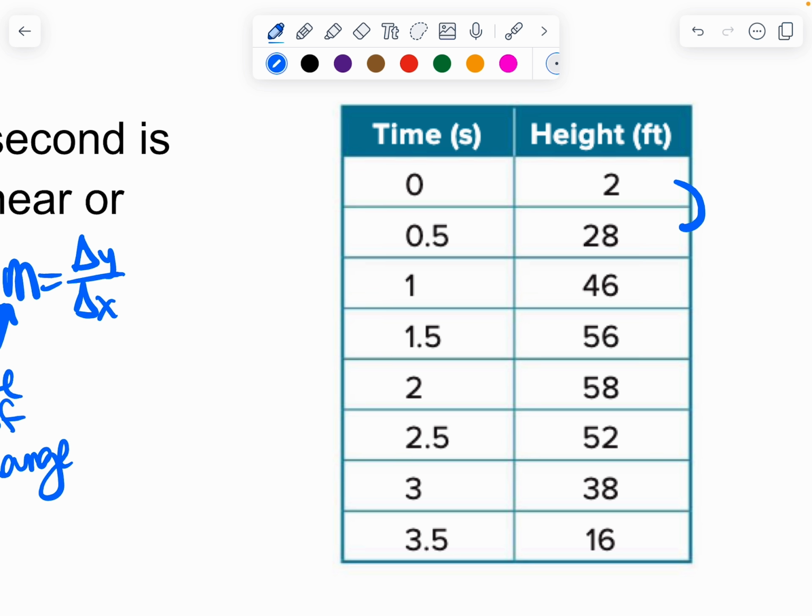Okay, so we have to see, does it go up or down the same amount? So right here to right here. So this went up 26. This went up 0.5. So I'm going to come over here and I'm going to do 26 divided by a half. That's going to come out to 52. Okay, so then I'm going to do from here to here.